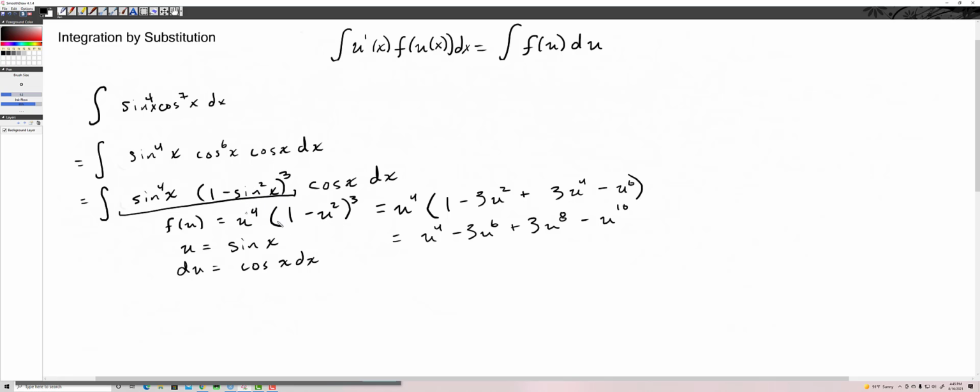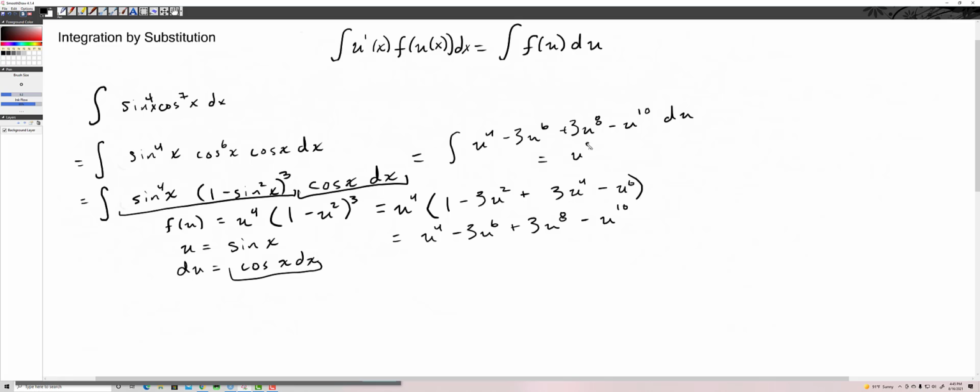Now we have a polynomial of u, which we've expanded here, and now we can just integrate that. We have our du here, very nice and neat. So now we've got f of u, which is u to the fourth minus 3u to the sixth, plus 3u to the eighth minus u to the 10th du.